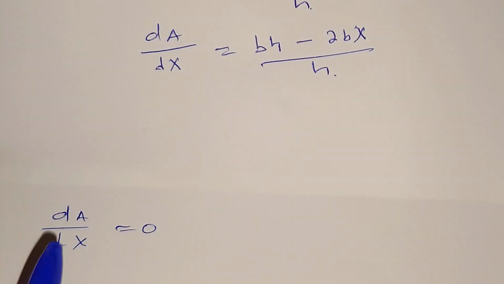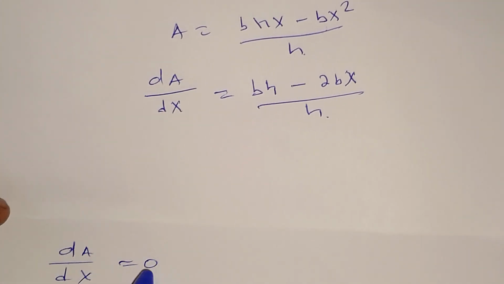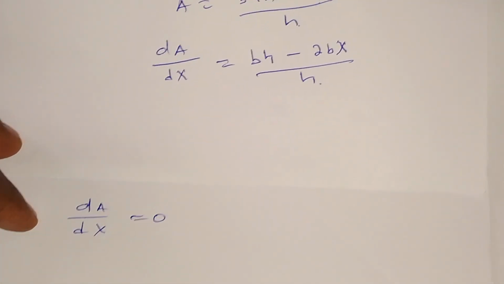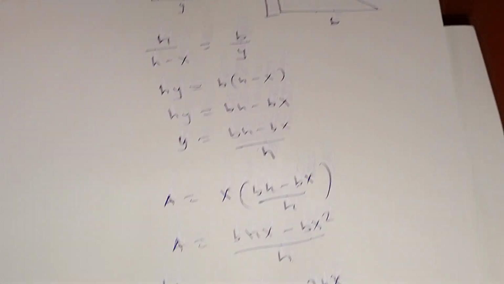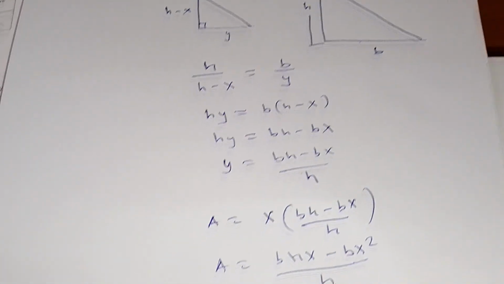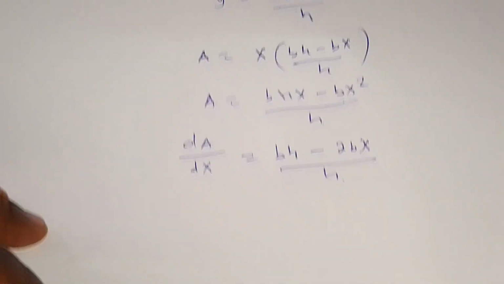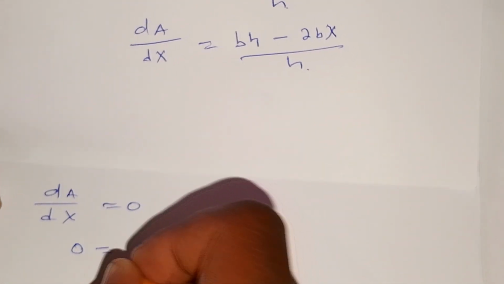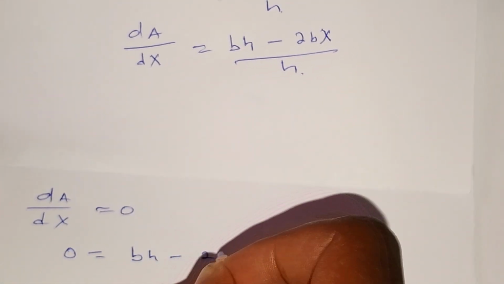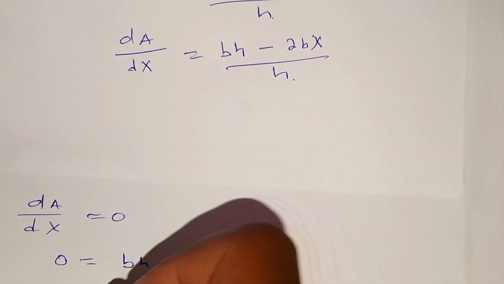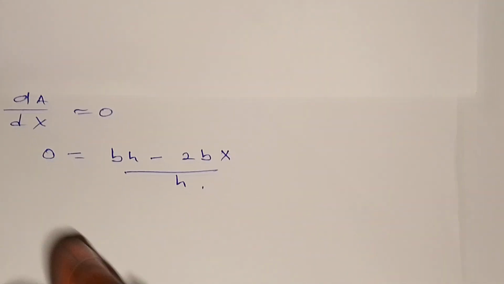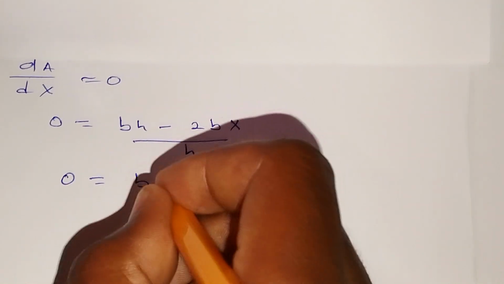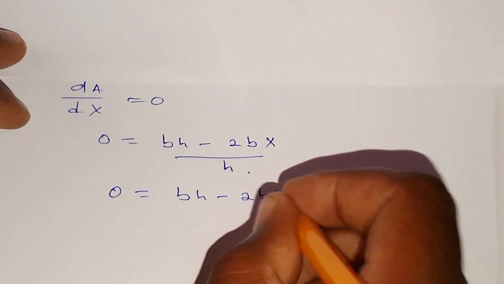This happens if and only if the area of the rectangle is made to be maximum. All right, so let's handle that. We have 0 equals (bh minus 2bx) over h, so this shows that 0 equals bh minus 2bx.